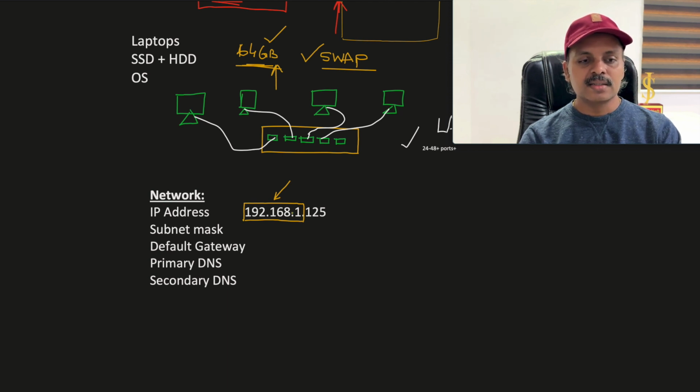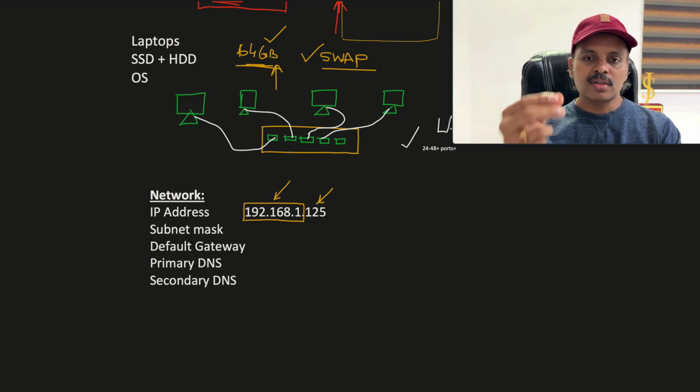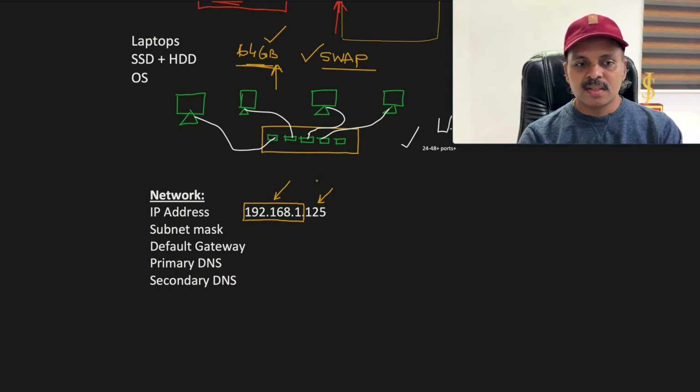In that, it is telling you that in this network, your machine address is 125. You can consider this as a host address. It is something like saying in Bangalore, so and so layout, so and so street, so and so house number. Like that, this is the network address, followed by the machine address.